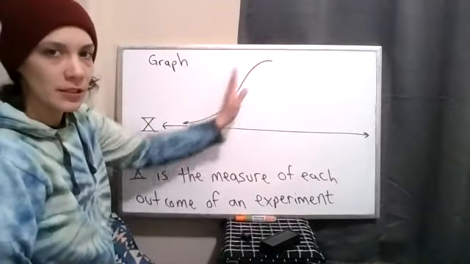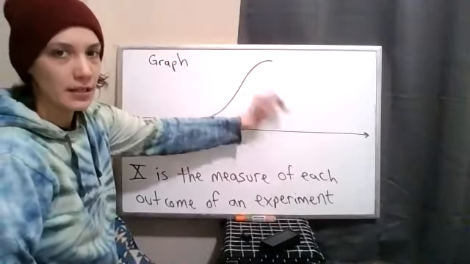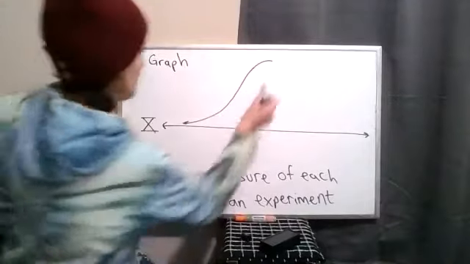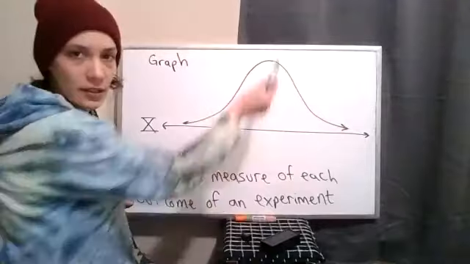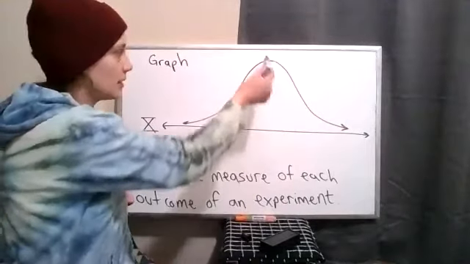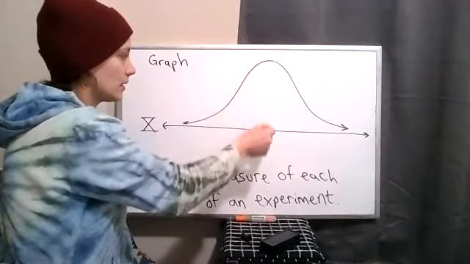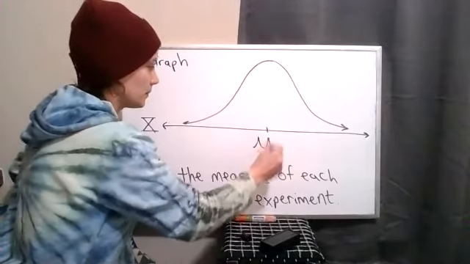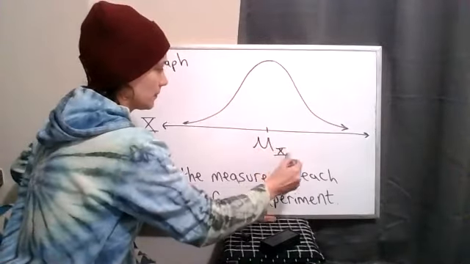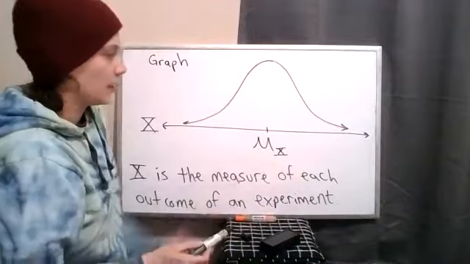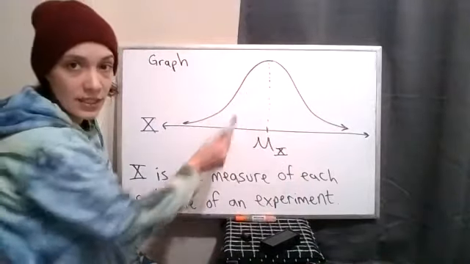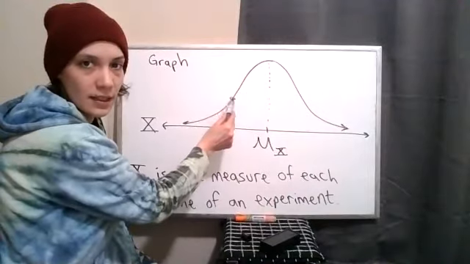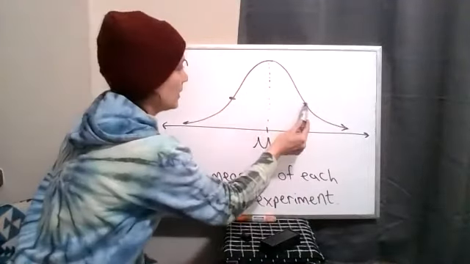It's a normal distribution, so it's bell-shaped. The other side is symmetric. So I'll do my best. We talked about the mean being right at the center where the peak is. Okay, and then we're also going to label inflection points, which is right there-ish, and about right there.